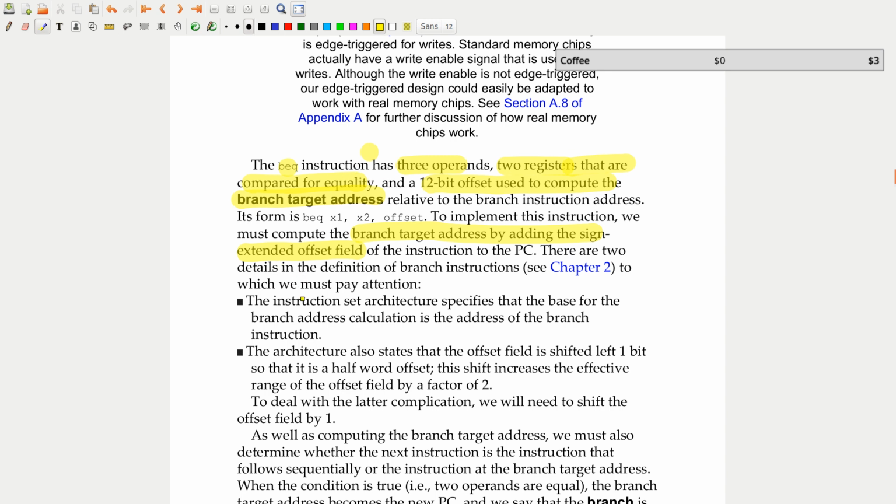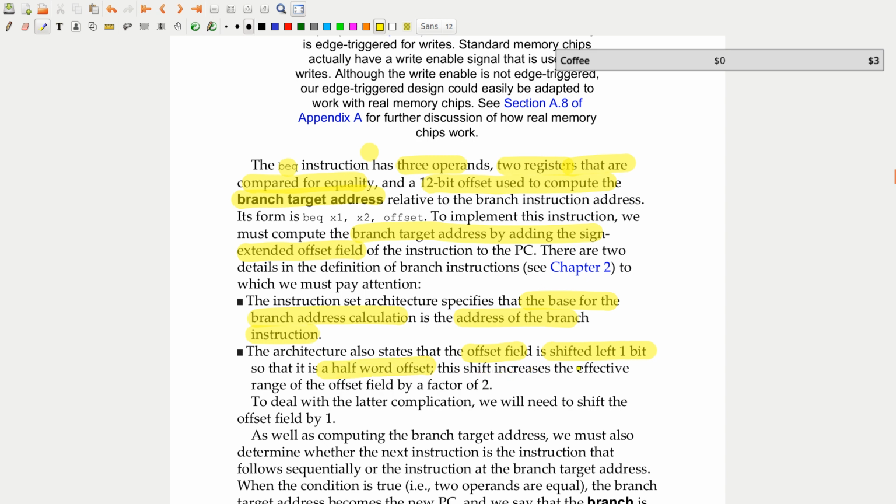So the things we have to pay attention to: the instruction set architecture specifies that the base for the branch address calculation is the address of the branch instruction. So this just says that what we're doing an offset of must be our current program counter value. And the architecture also states that the offset field is shifted left 1 bit so that it is a half word offset.